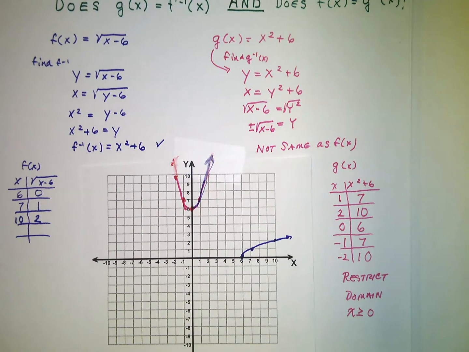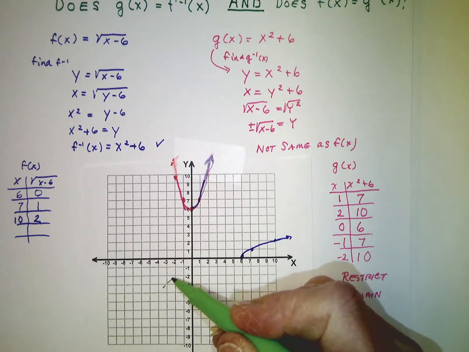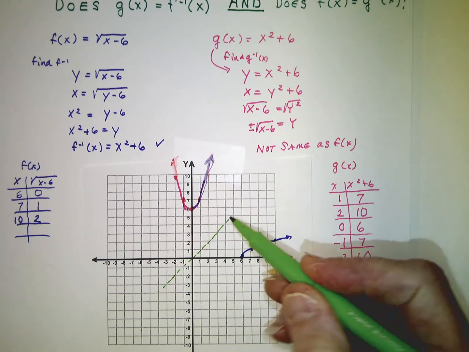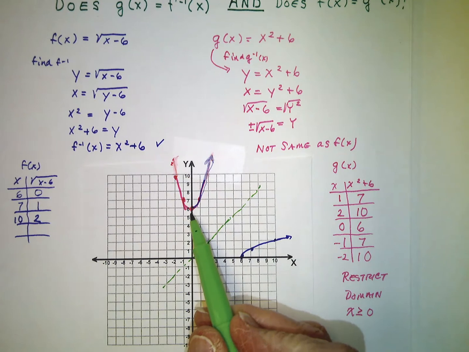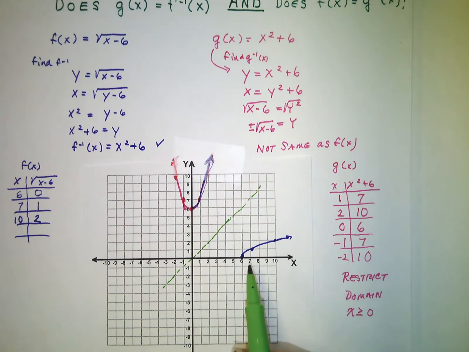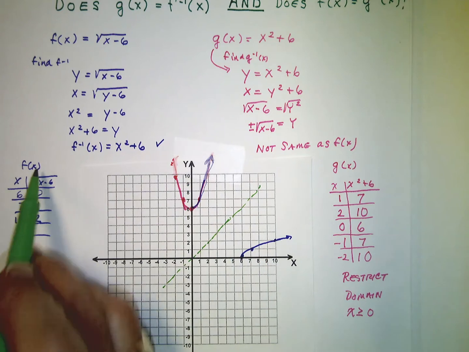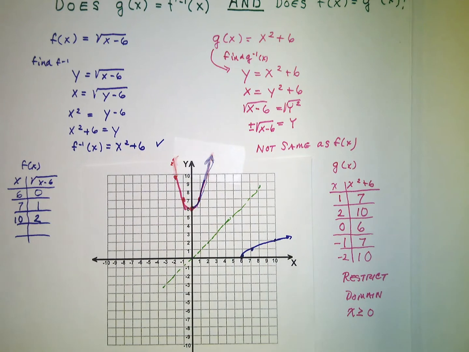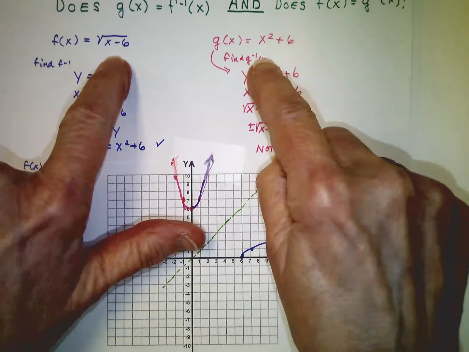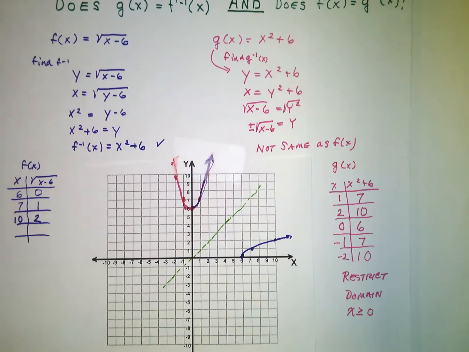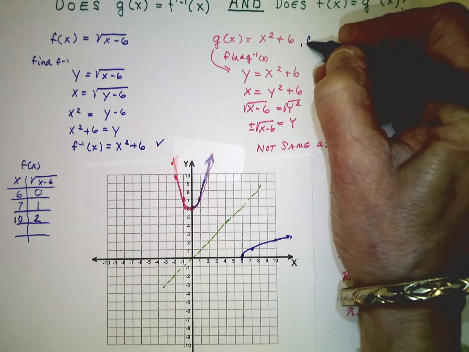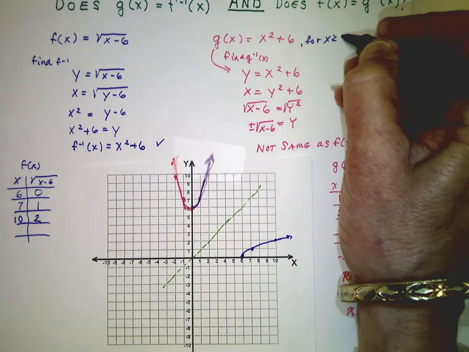And that would be a reflection across the diagonal line y equals x then. This half of the parabola would be an inverse with the original f of x over here. But for the two functions we originally had, they are not inverses of each other. Not unless we restrict this one to say for x greater than or equal to 0.